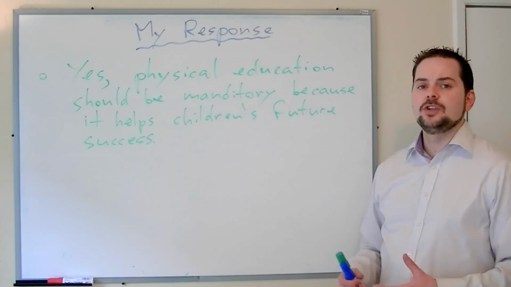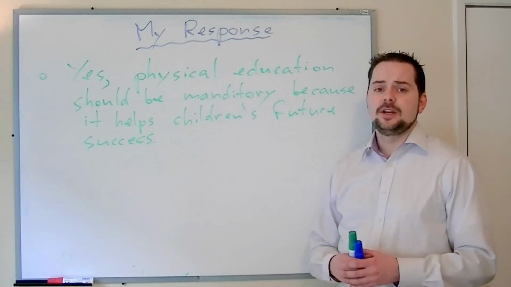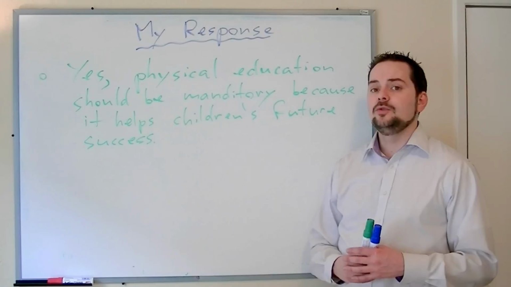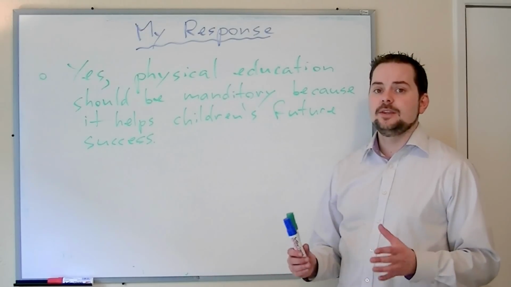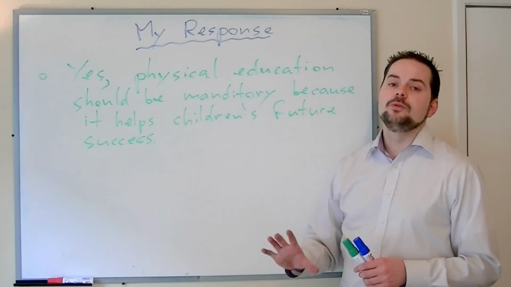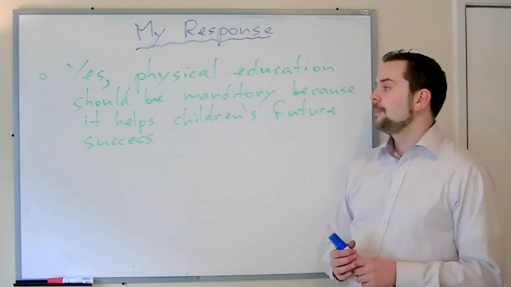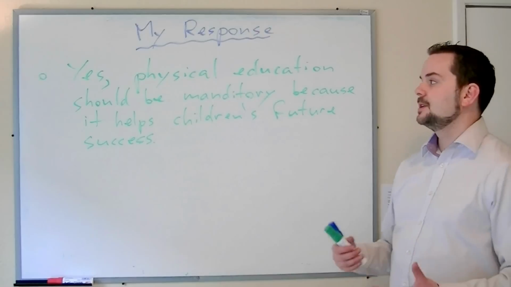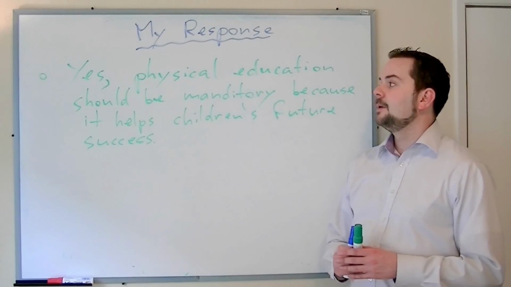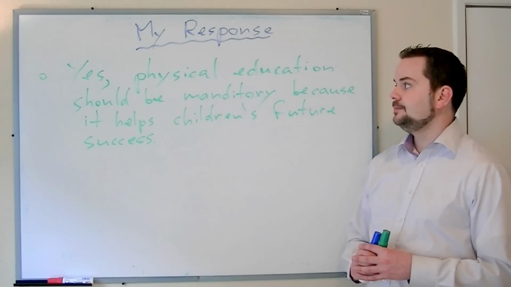In this type of question, you have to discuss both sides to get a nice high score. It's always a good idea to discuss the side that you don't agree with, so the side that you disagree with first, and then the side that you agree with second. So we'll look at some examples of that in structure of task 2.